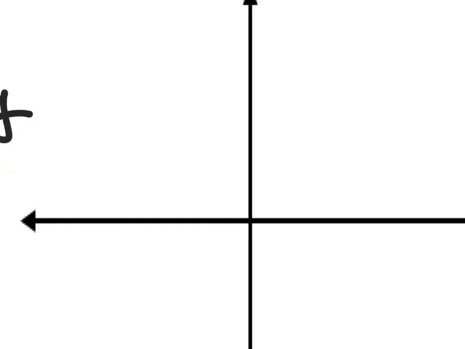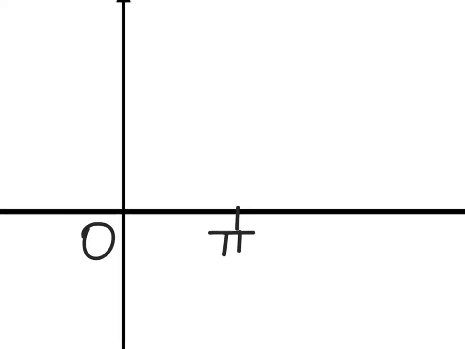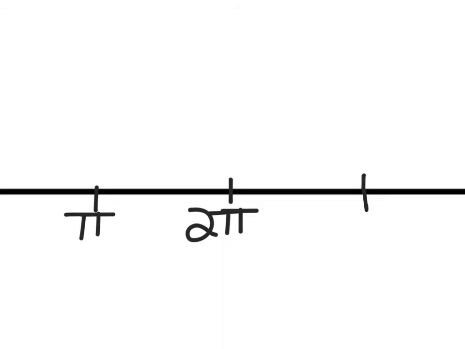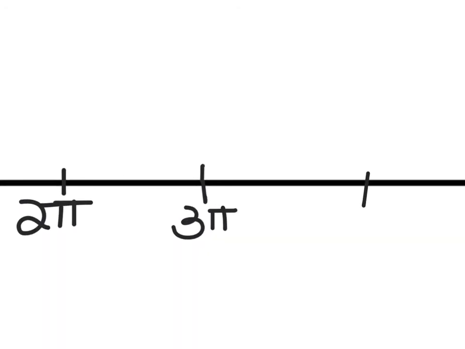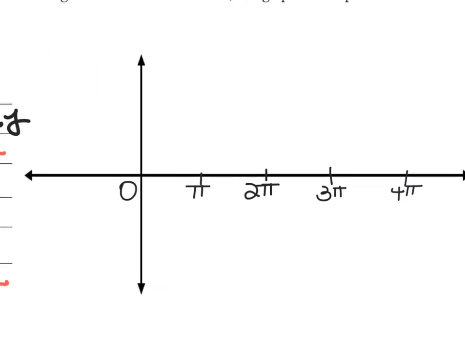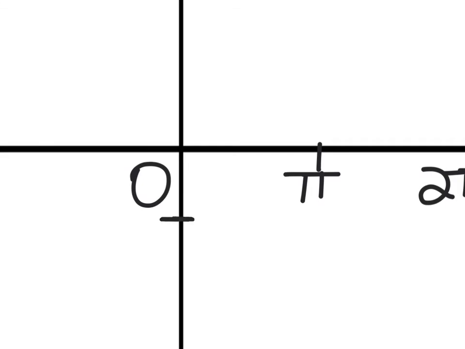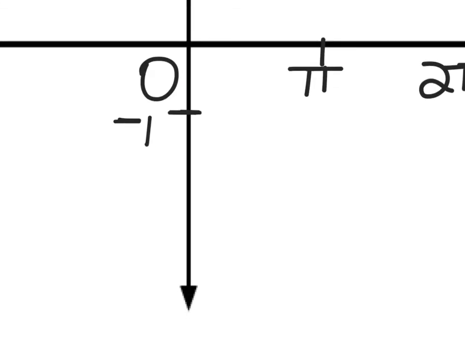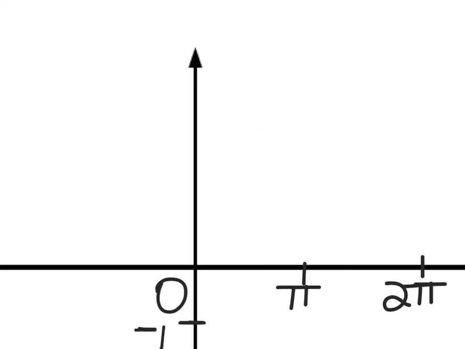So we got 0. We got pi. We got 2 pi. We got 3 pi. And 4 pi. And this time the graph goes down to -2, and goes up to 2.